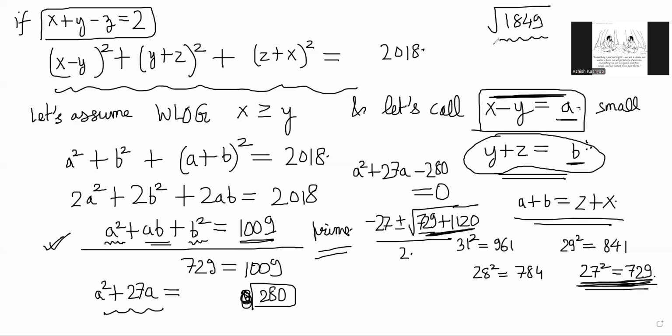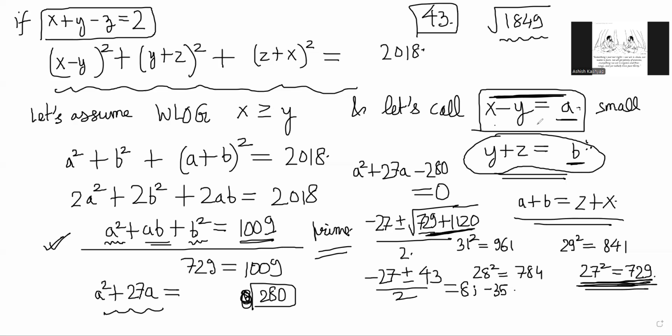No, 43. Yes, 43. So you're getting 43, which is very nice. Plus minus 43 by 2. So you're getting 16 by 2, which is 8. And the other root is a big negative root, minus 35.